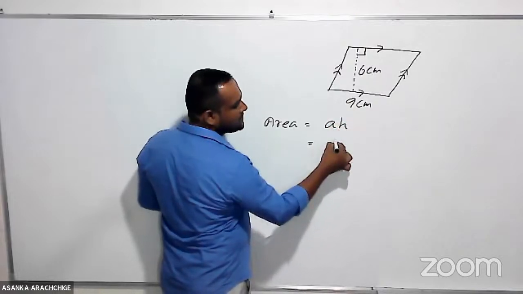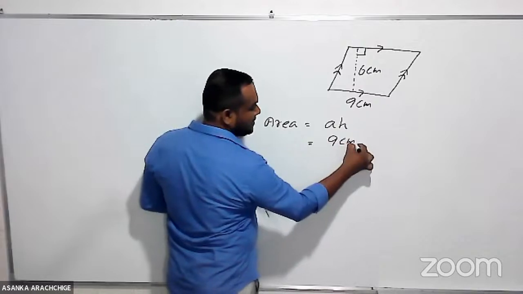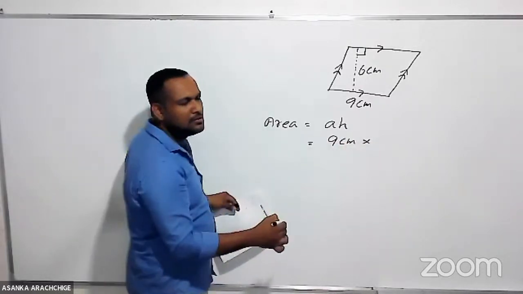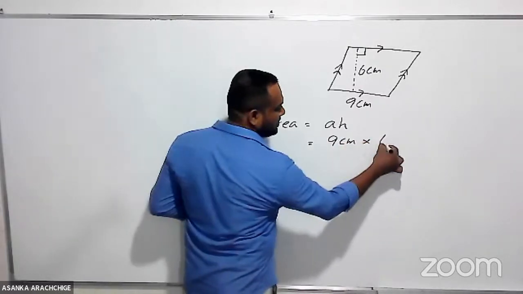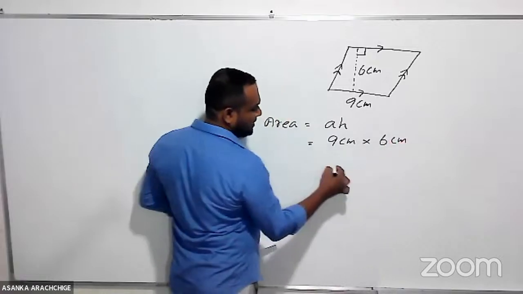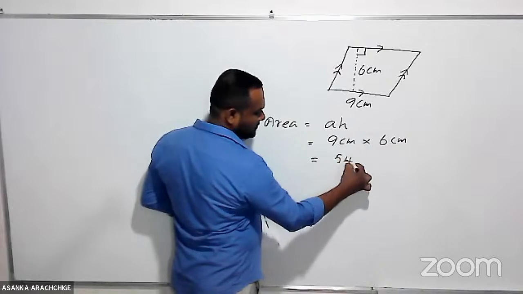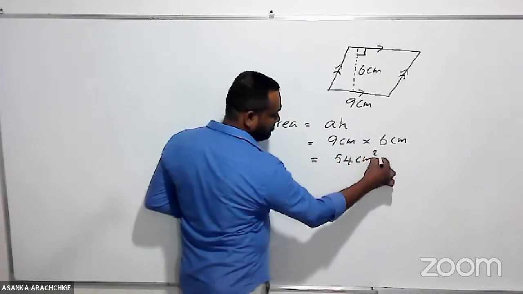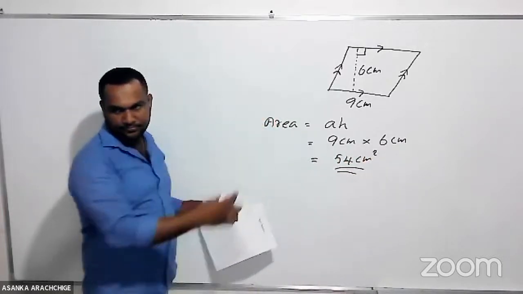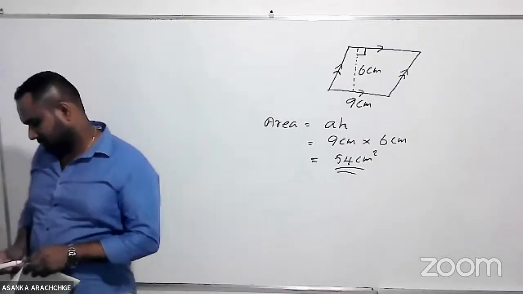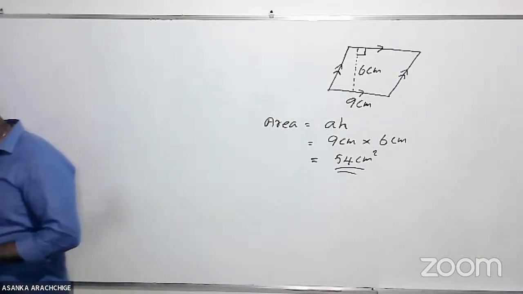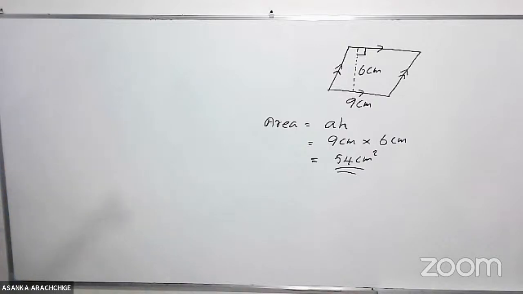Area equals 9 into 6, 9 centimeters into 6. What is 9 times 6? 54 square centimeters. So shall we do the second one?